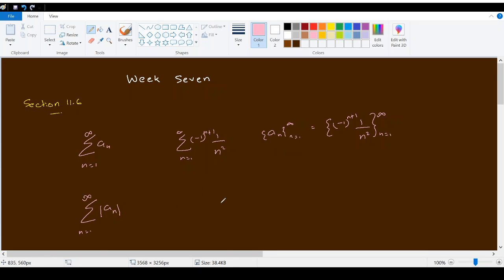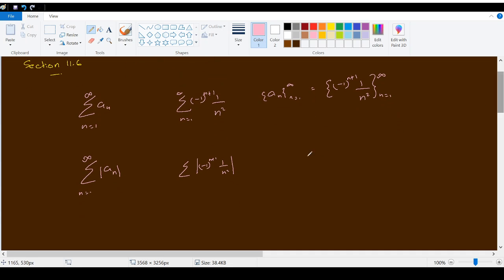So this series will be the absolute value of negative 1 to the power n plus 1, 1 over n squared.